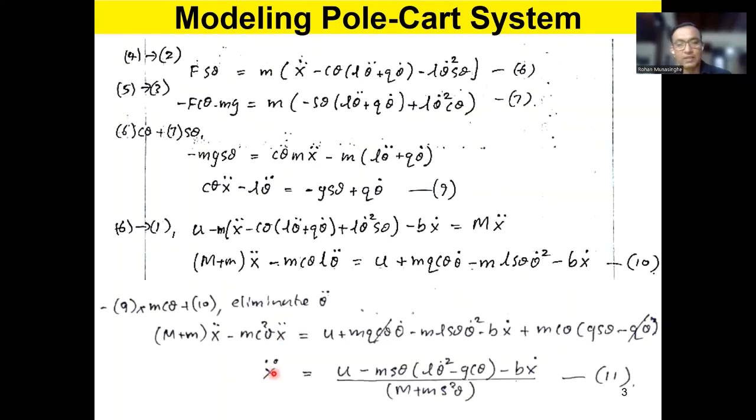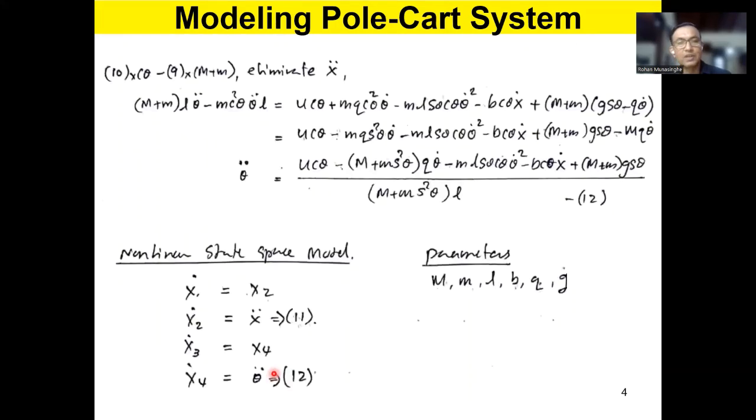Okay, x double dot, acceleration of the cart, and then x3 dot is equal to x4, and x4 dot is equal to theta double dot. That is equation number 12. This one. So the first two equations describe the cart position. The second two equations, equation 3 and 4, explain the pole motion, right?